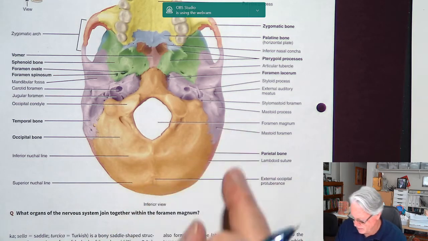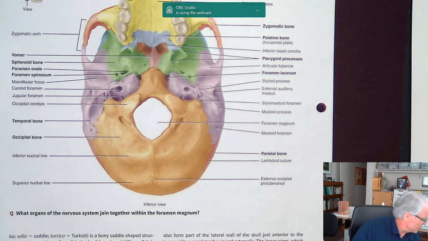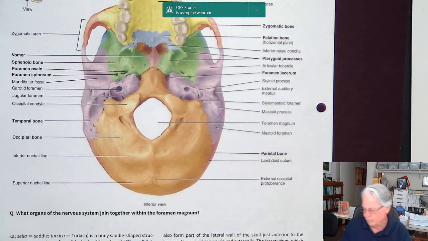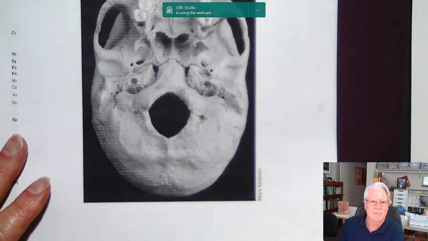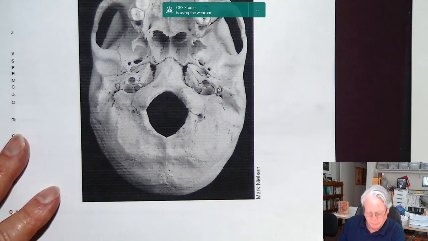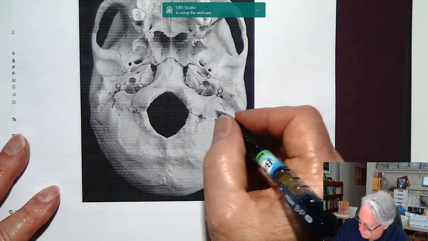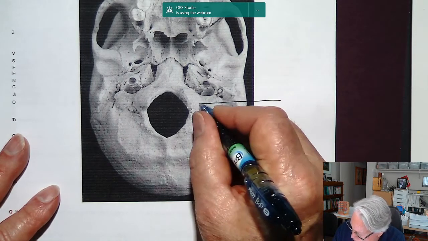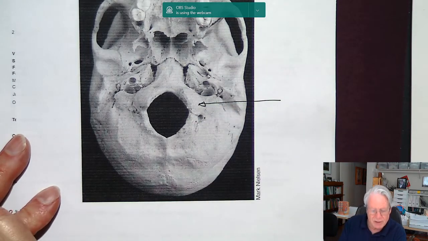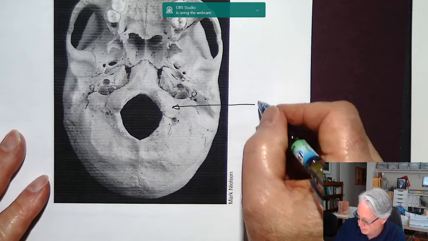So, if we have the proper drawing or picture in front of us, let's go ahead and take a look at page 8. Page 8 of the handout. So, right here is the occipital condyle.